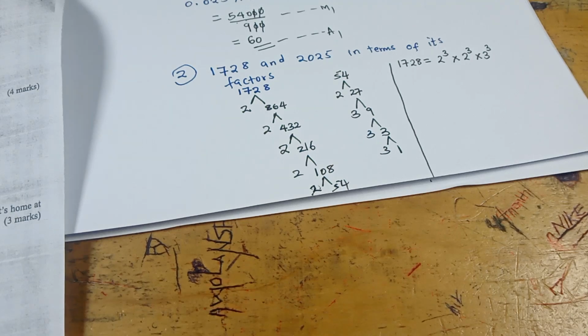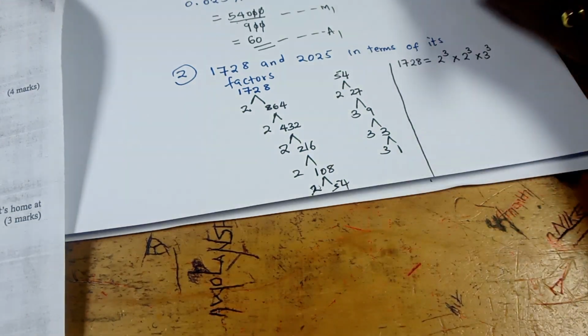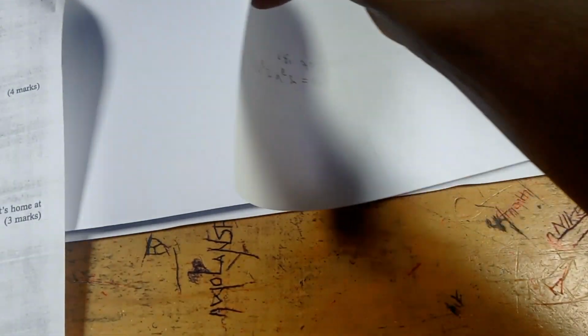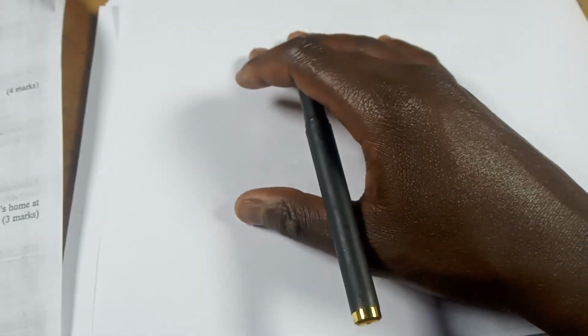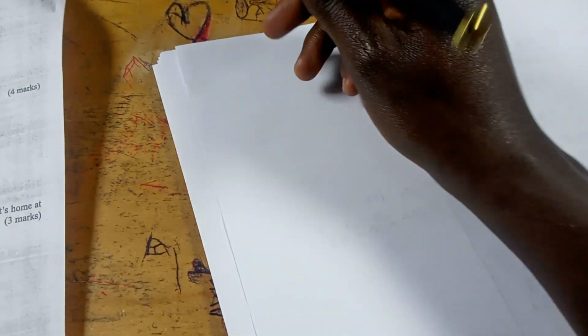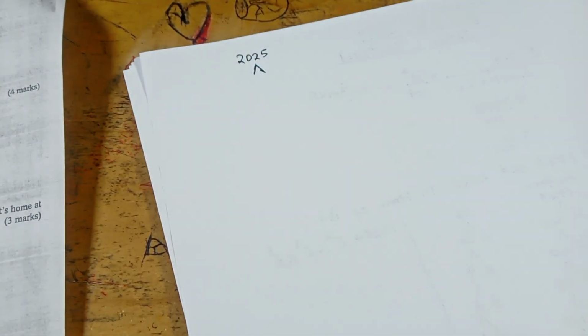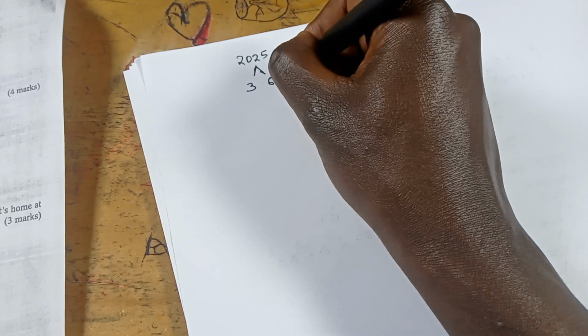2025 as the product of its factors, and we can do that on our next page. Once we do it on our next page, 2025, we can start with the lowest prime, that is 3. 2025 divided by 3 will give us 675.